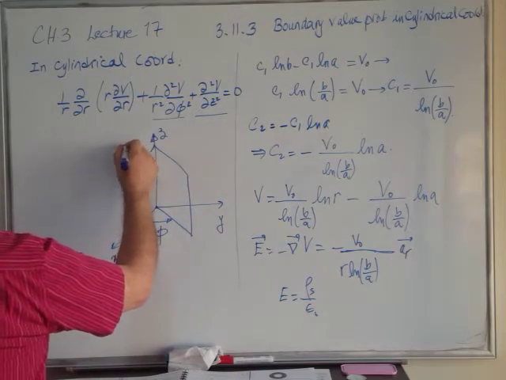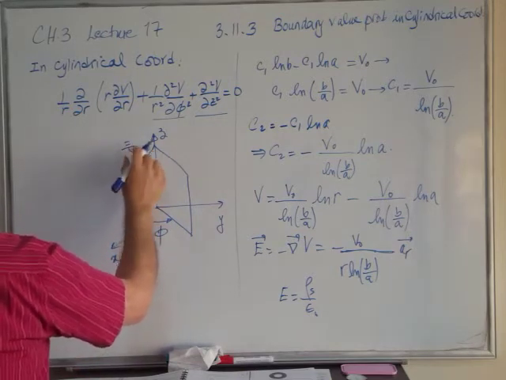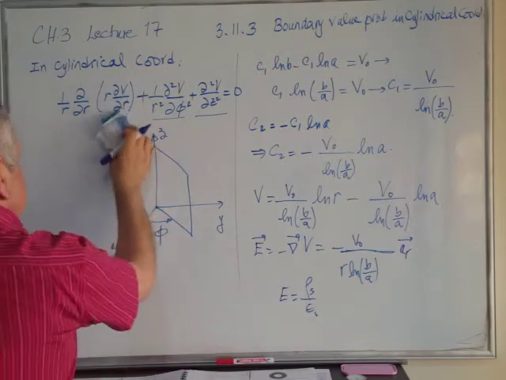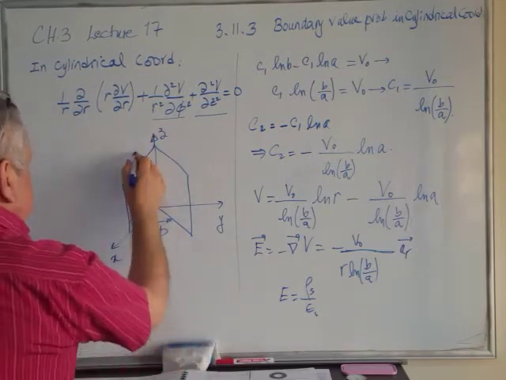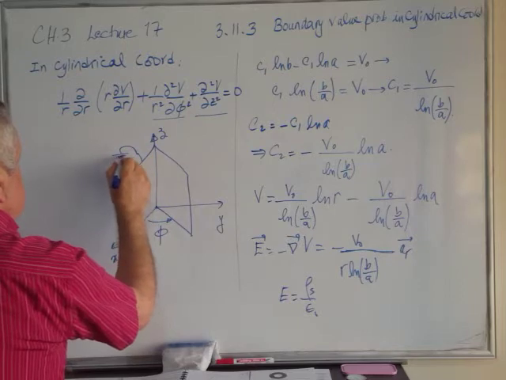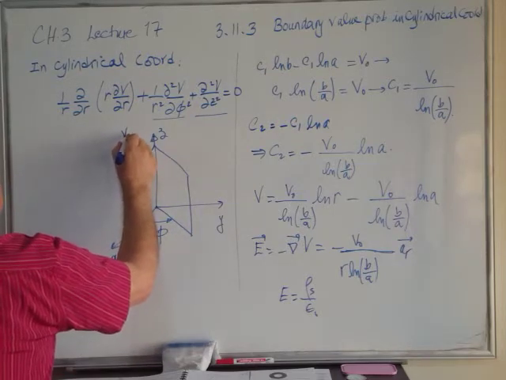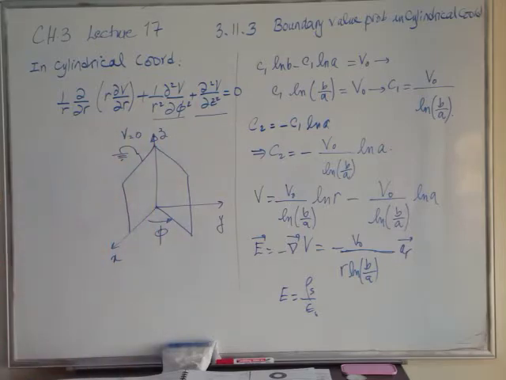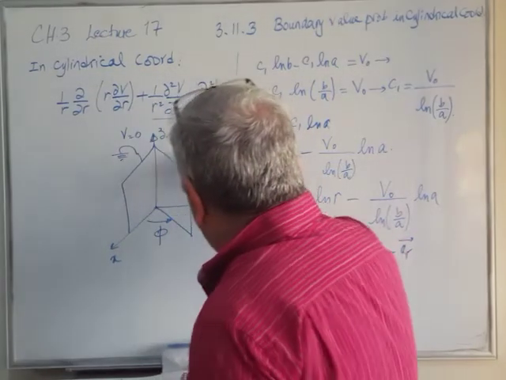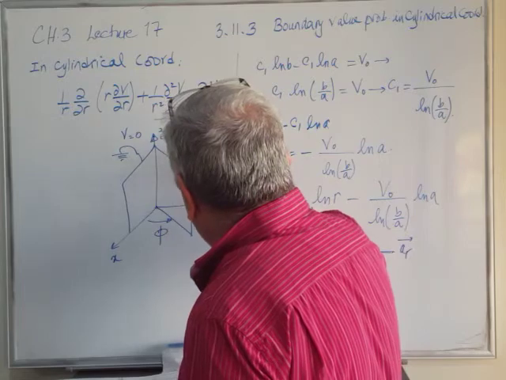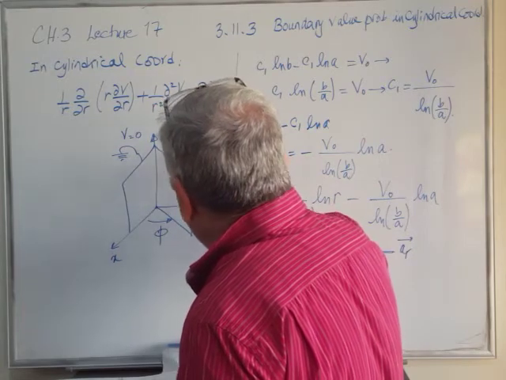This, say, is grounded, so the potential, that should be the other way around. If you join this to ground, then the potential here, V, equals 0. Let this be connected to another potential, or it has a potential V equals V0.